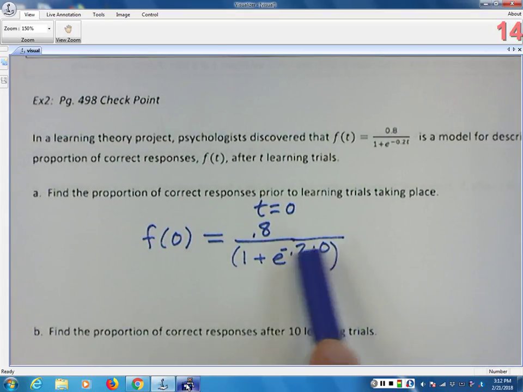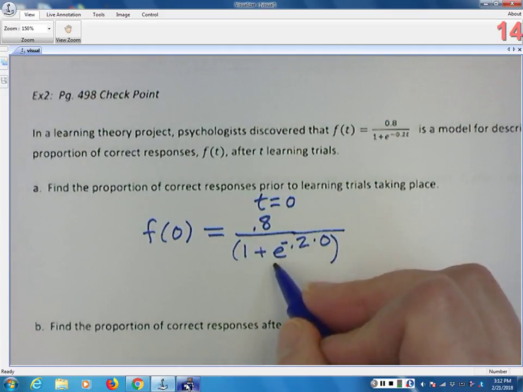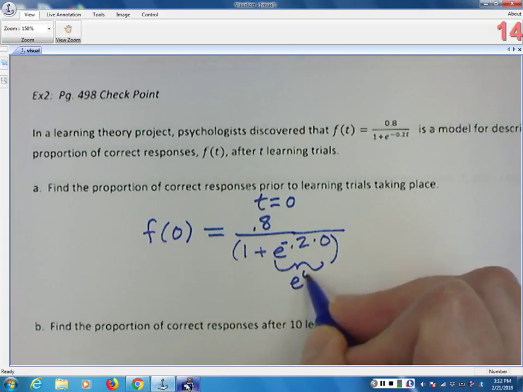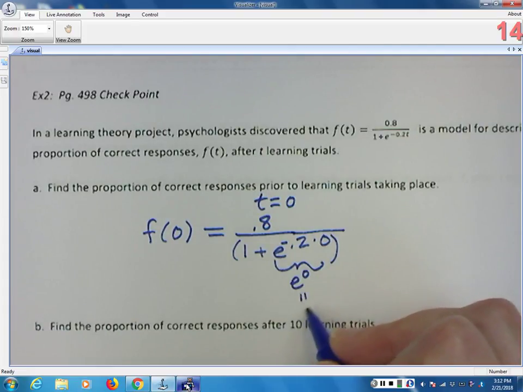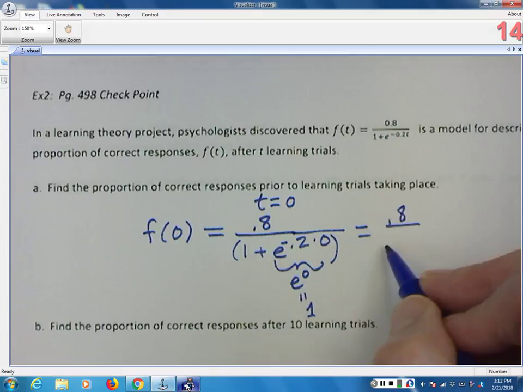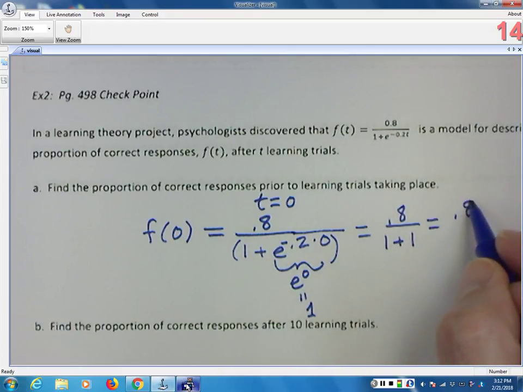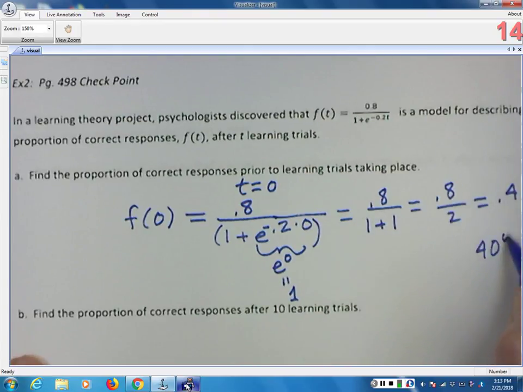When you put it in correctly, you're going to have 0.2 times 0 is 0. You're going to have e to the 0. This part, e to the 0, will be 1. So you're going to have 0.8 over 1 plus 1. 0.8 divided by 2 is 0.4, or 40%.